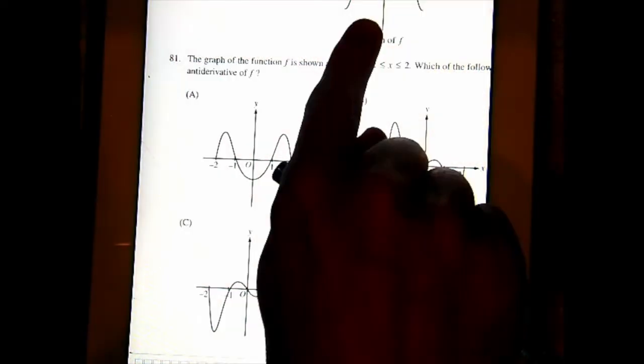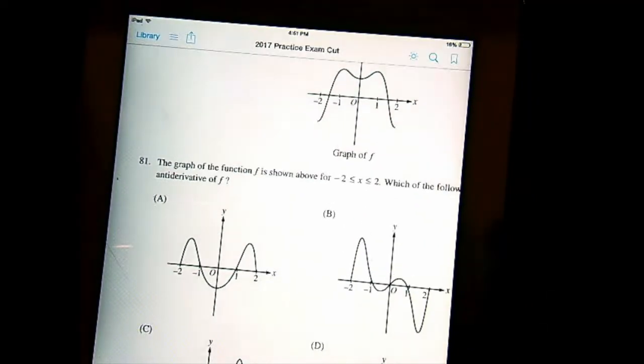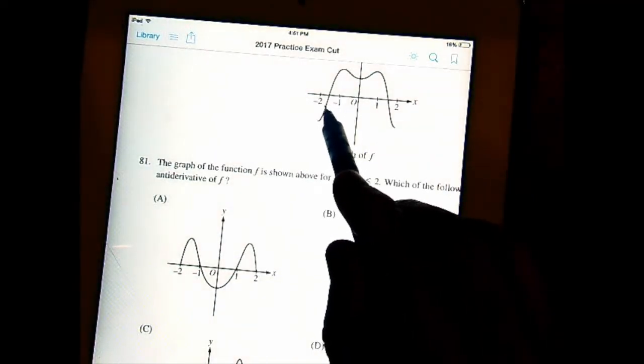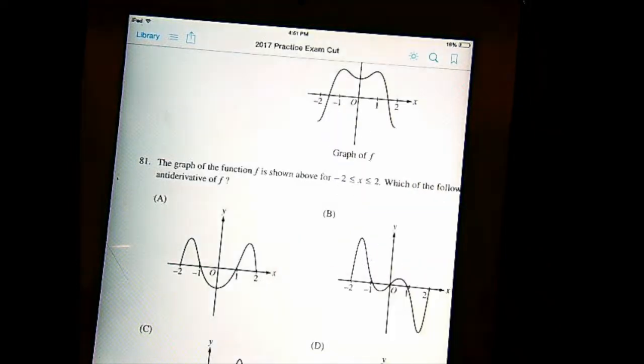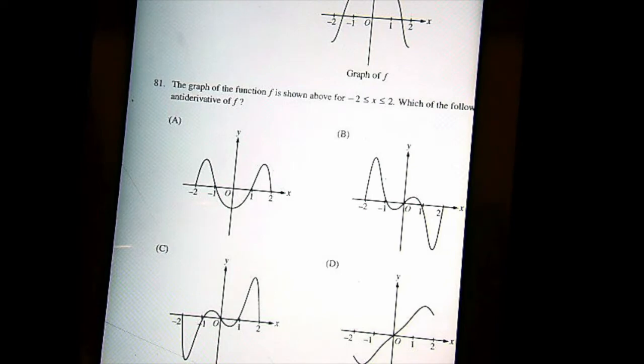So if this function up here is the derivative of this one, then this function here should be 0 at this point between -1 and 2, and it does appear to cross the x-axis at that point. So evidence is beginning to build that this thing is the derivative of C. But we can check more points if we want to be sure.